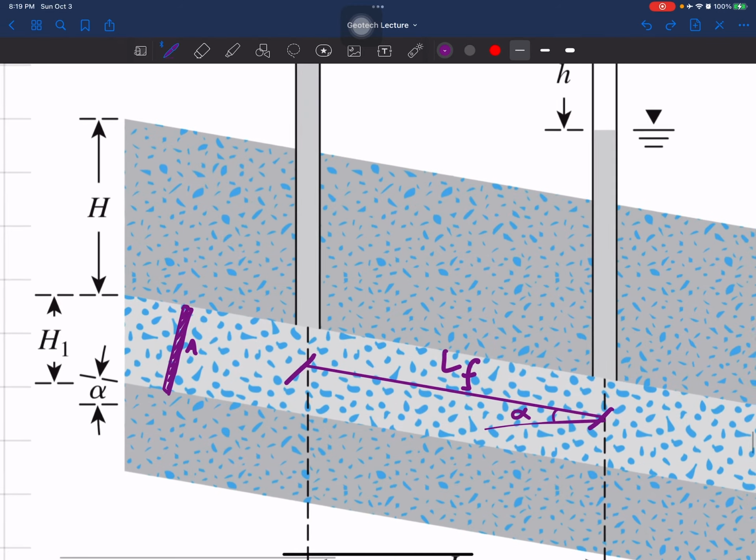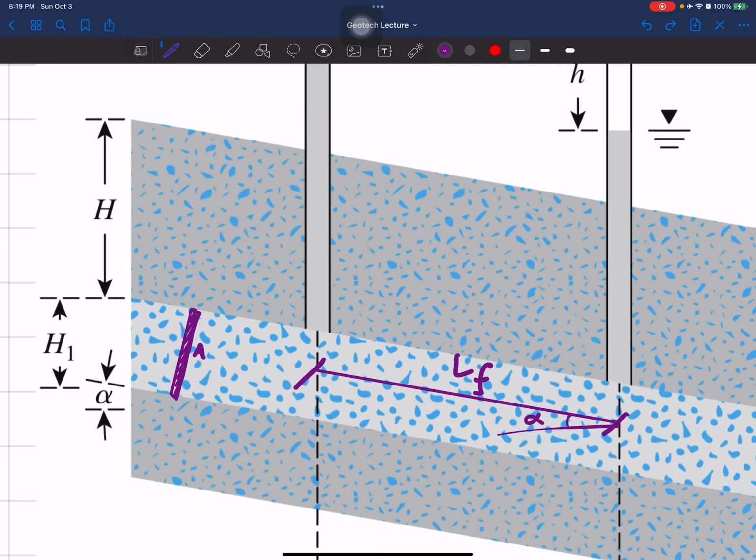Okay? So, paano natin to kukunin? Well, similarly, pwede nating mag-triangle ulit. So, triangle tayo ulit. So, ito yung ating H1. Okay, yun yung ating H1. Ayan.